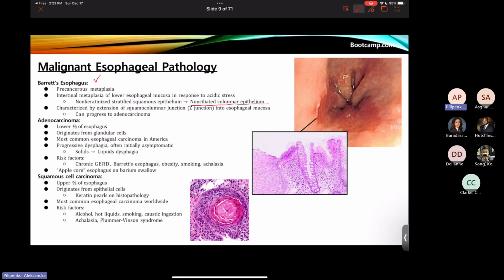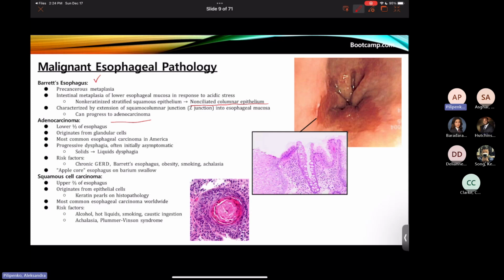Because the esophagus tries to protect itself from the acid. However, it comes at a cost, right? We have a higher risk for cancer, especially adenocarcinoma. Adenocarcinoma is also high yield, and that would involve the lower third of the esophagus.